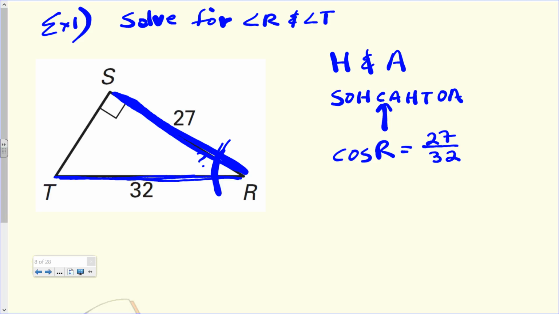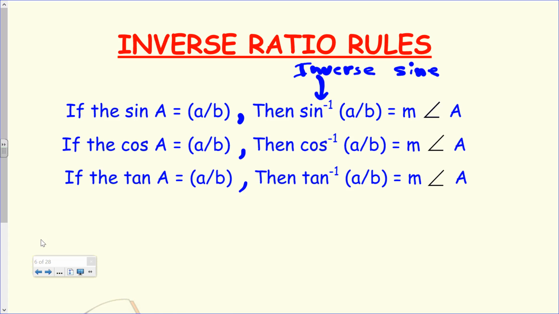But we don't know what angle R is, so I'm going to use inverse trigonometry. We just wrote down the rule here. Notice this rule says if the cosine of some unknown angle is A over B, then the inverse cosine of A over B is equal to the measure of angle A. I'm going to use the second one.